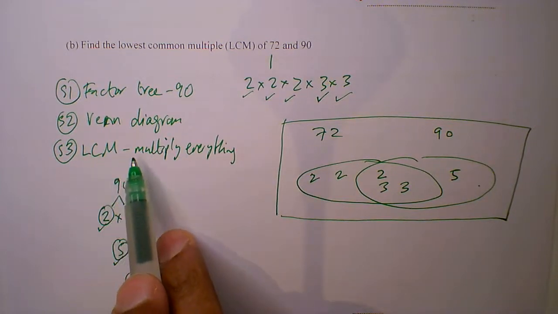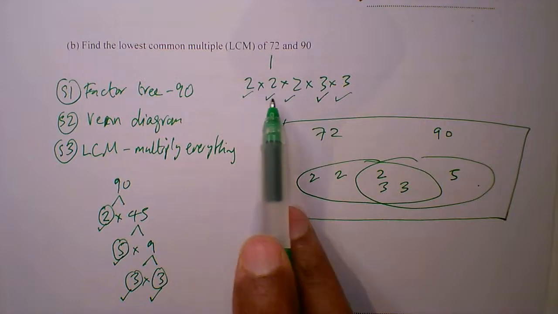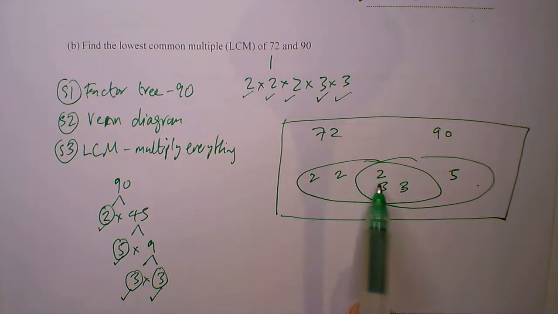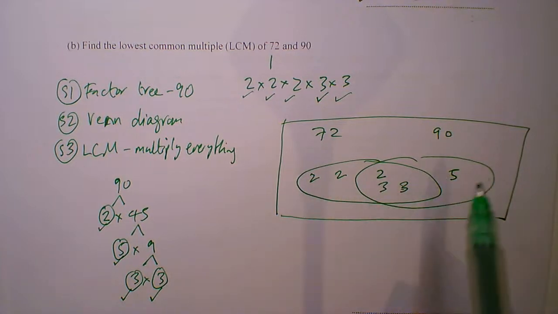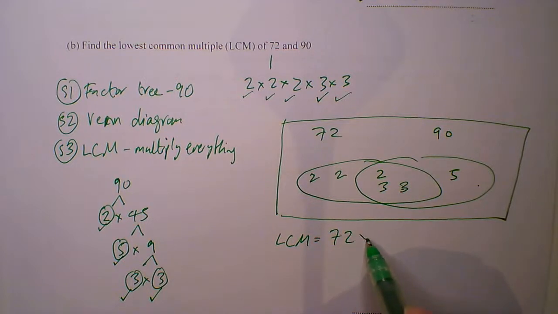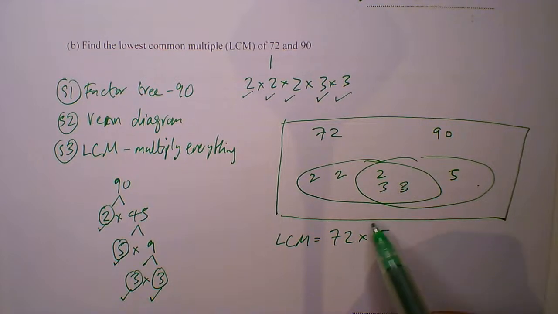Step 3 is LCM is multiply everything. So if I think about it, 72 is all of this already. So all I need to do is really multiply 72 by 5, the one that's missing, because that's not included. Right, so I can do long multiplication, but I can spot something else.